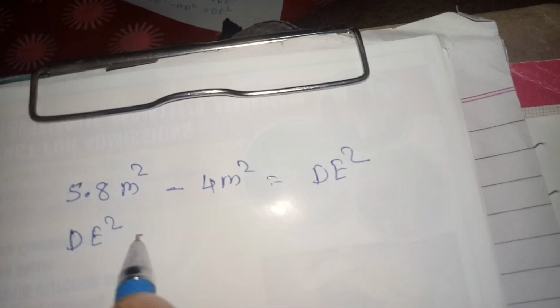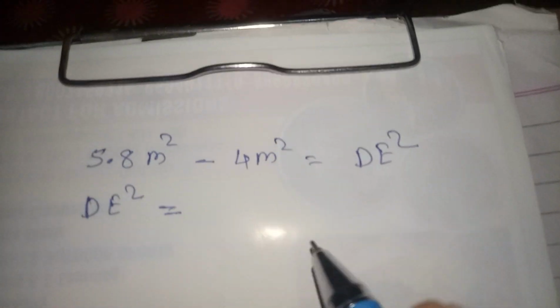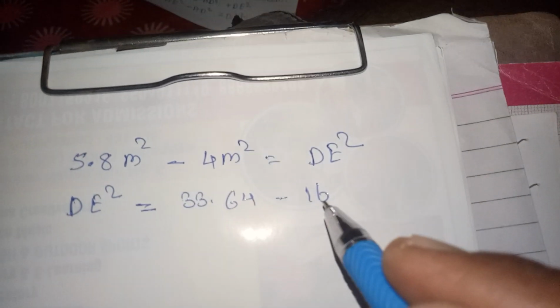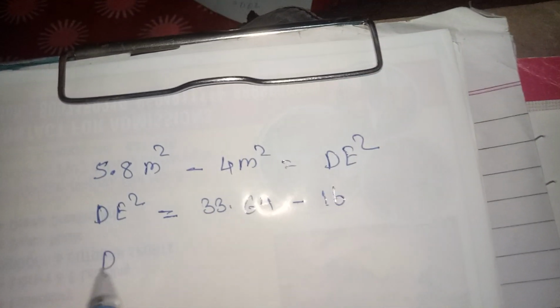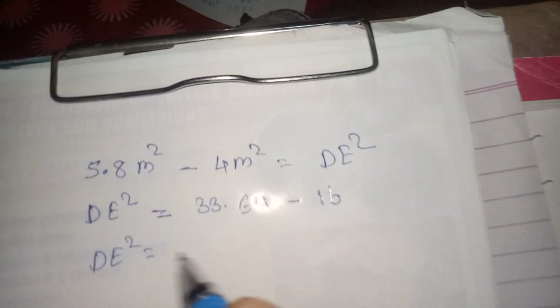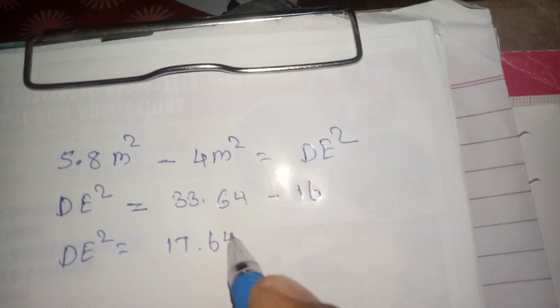We can write it like this also, DE square is equal to 5.8 square, which is 33.64, minus 4 square, which is 16. So if we subtract, then DE square is equal to 17.64.